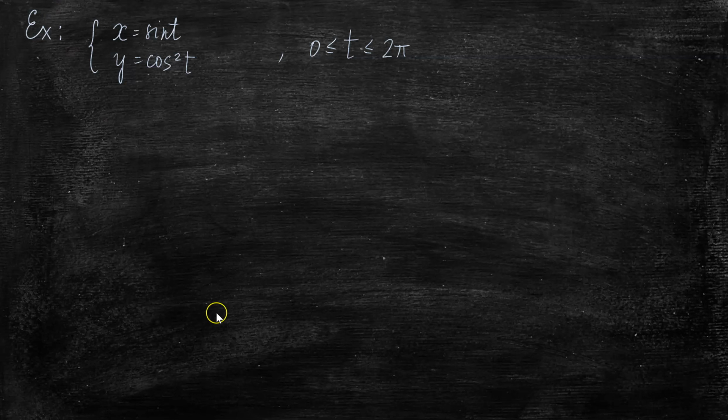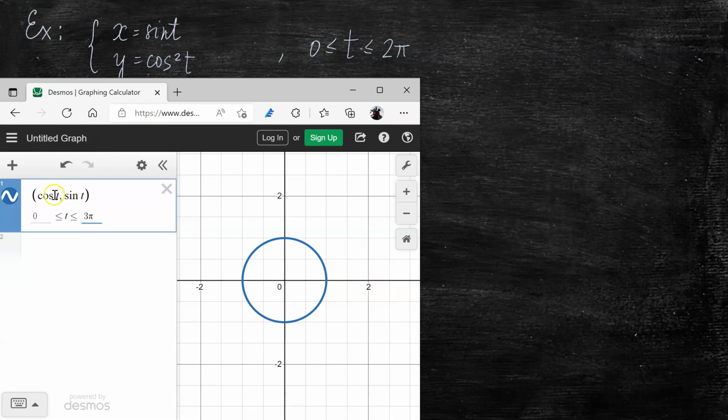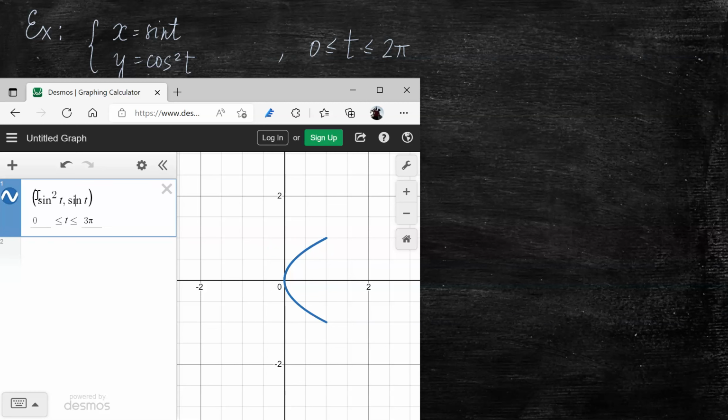And if we use Desmos here, which we can totally try, what is it going to look like? So it looks like this.